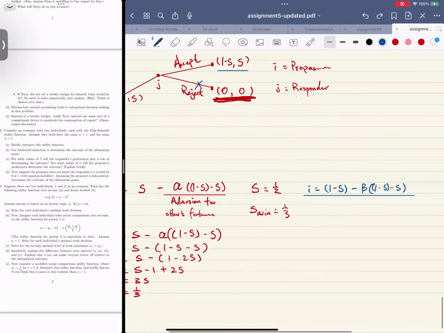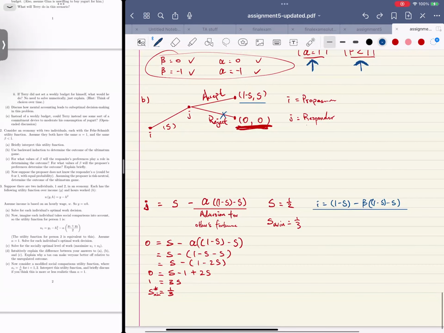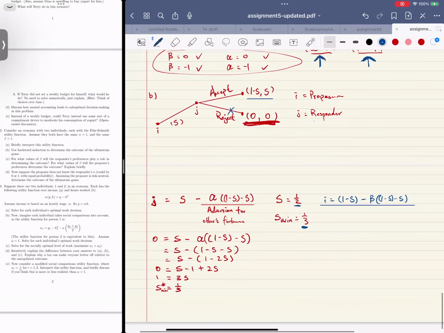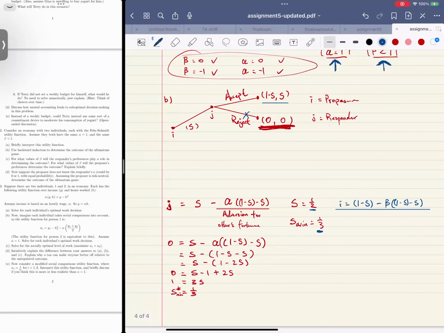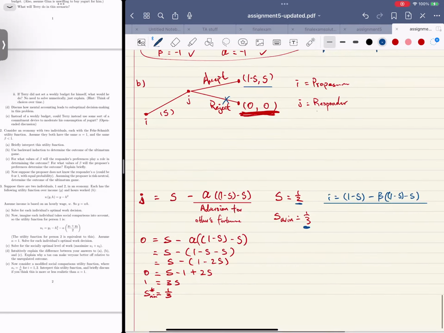Oh, I set the two equal to each other. Yeah. Okay. So here you can set the case where the proposer is giving 1/2 and the case where the proposer is giving 1/3, and then set them equal to each other, because they have to have the same beta throughout. That beta must be the same.